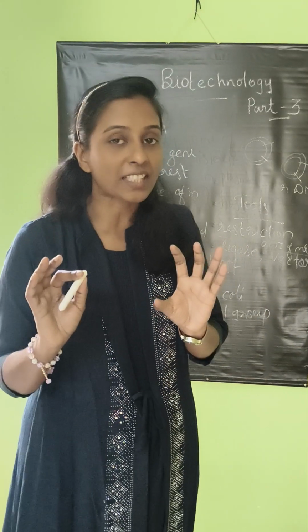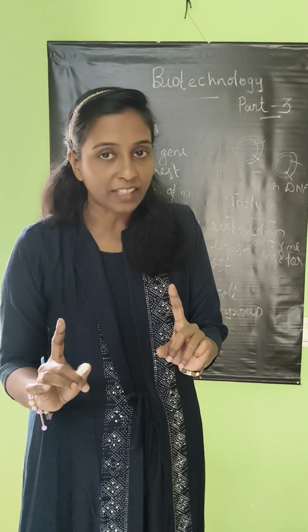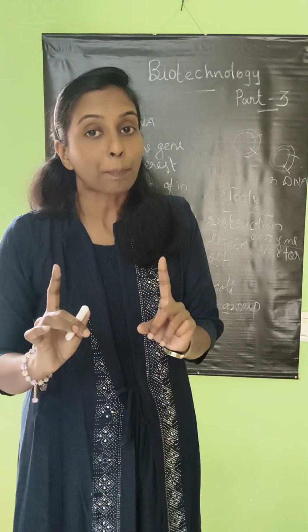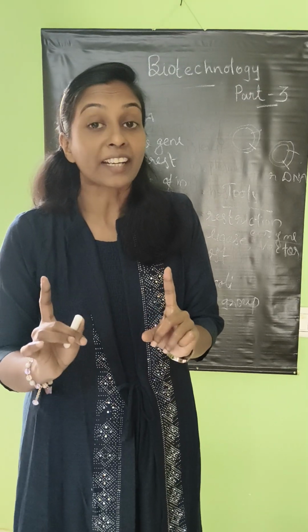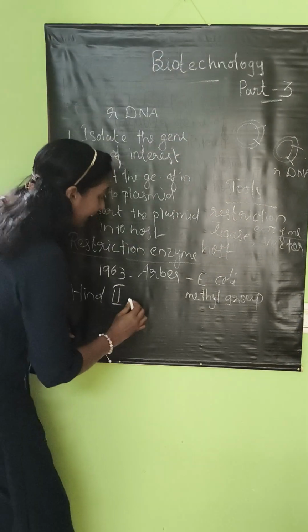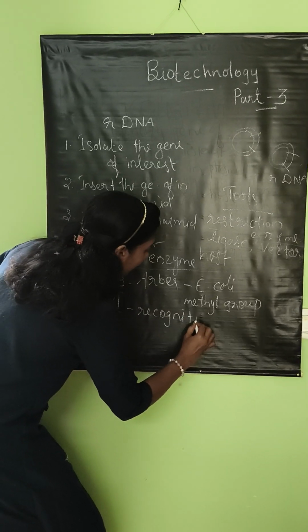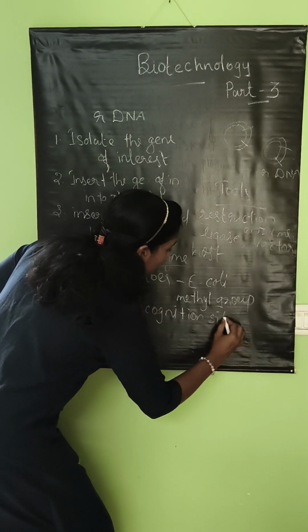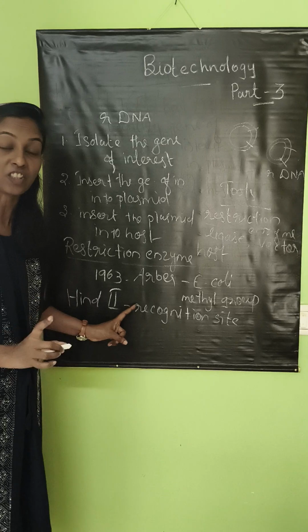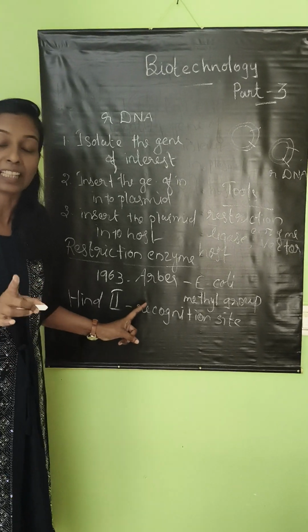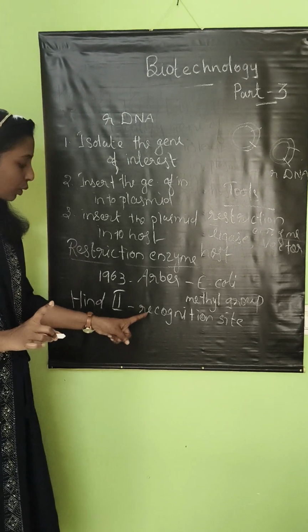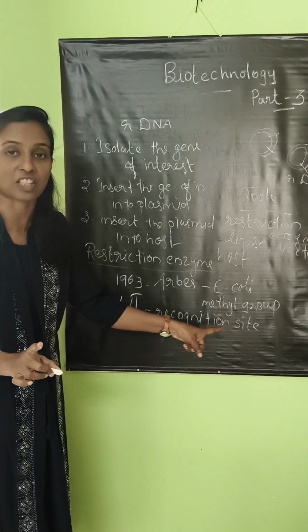So a particular restriction enzyme can cut only in a particular place. That site is called the recognition site. So it can recognize and it can cut. That is why you can understand recognition site.